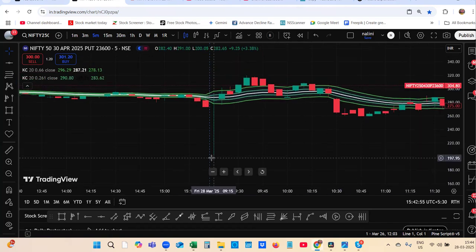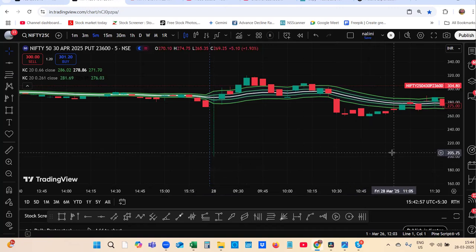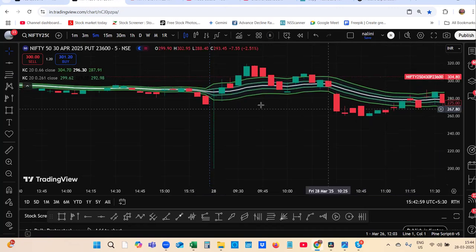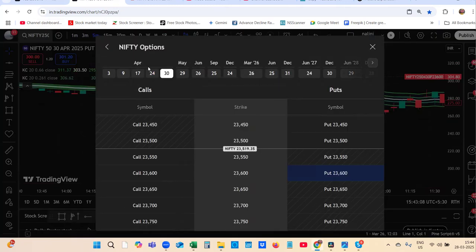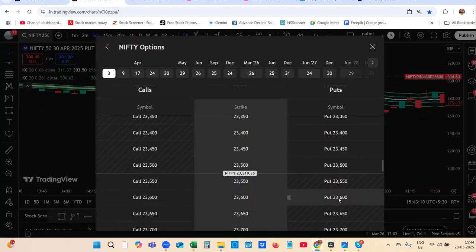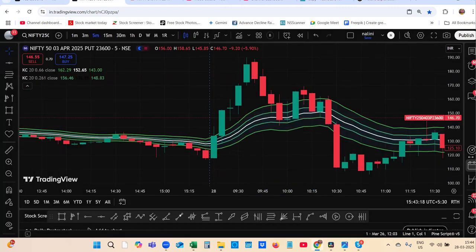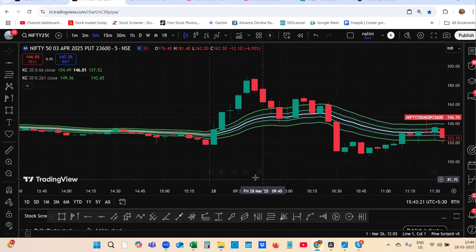Here it came around 197, around 5, and then it started moving. If you had caught this move around 280, oh, sorry, it has gone to next month's 23,600 put option. That's why I was wondering about those prices. Now you can see normal behavior here.